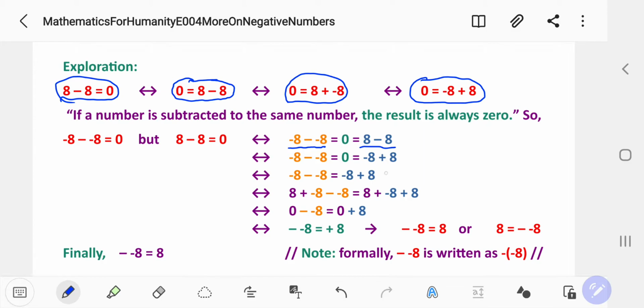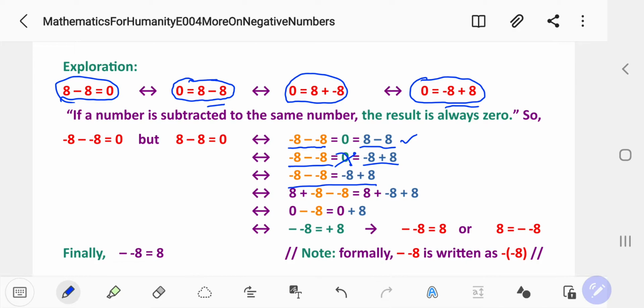So here you can rewrite 8 minus 8 as negative 8 plus 8. You can forget about 0. Anyway, that's nothing. So these are equal. Negative 8 minus negative 8 is equal to negative 8 plus 8.